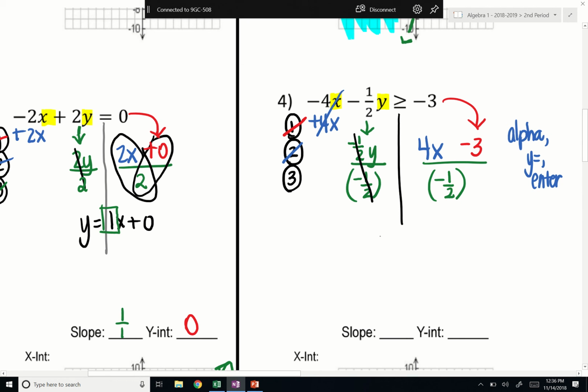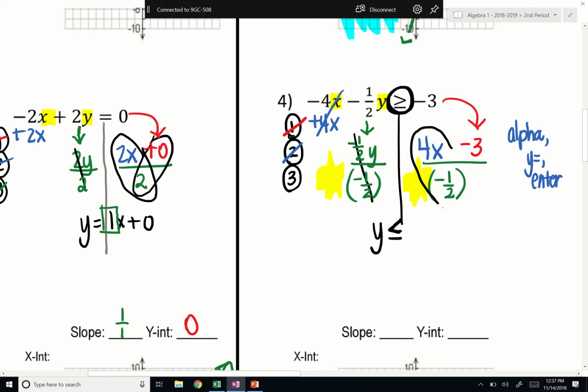Okay, so now you've got y. Whoa, nobody stopped me. Yes, I did divide by a negative. Good job. So I have to make sure I flip that sign. Woo, woo, woo. So this is greater than or equal to, and what does it change to be? Less than or equal to. Good.